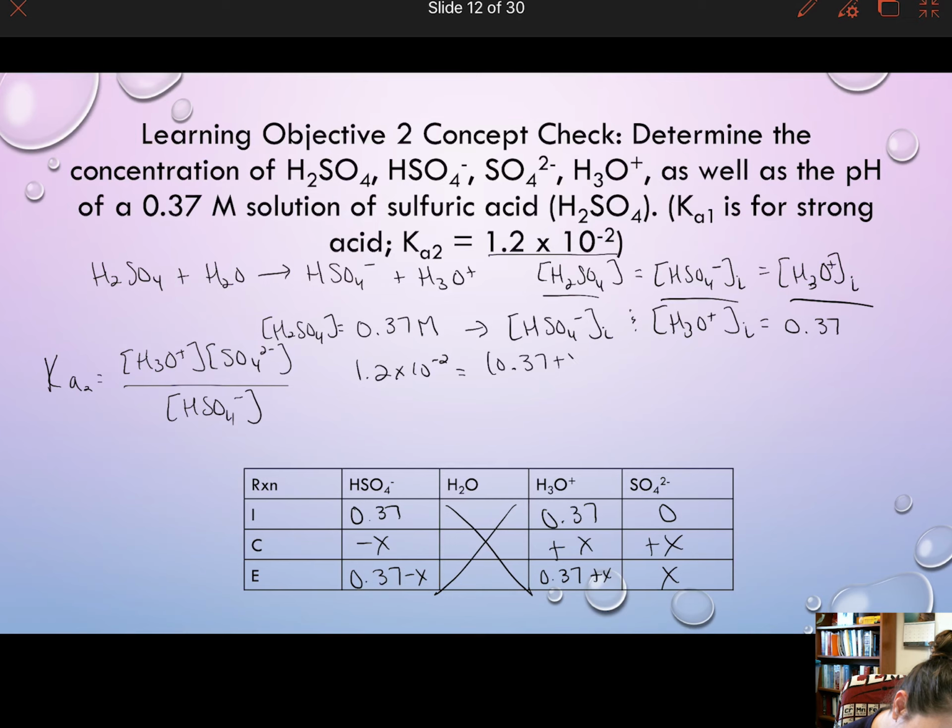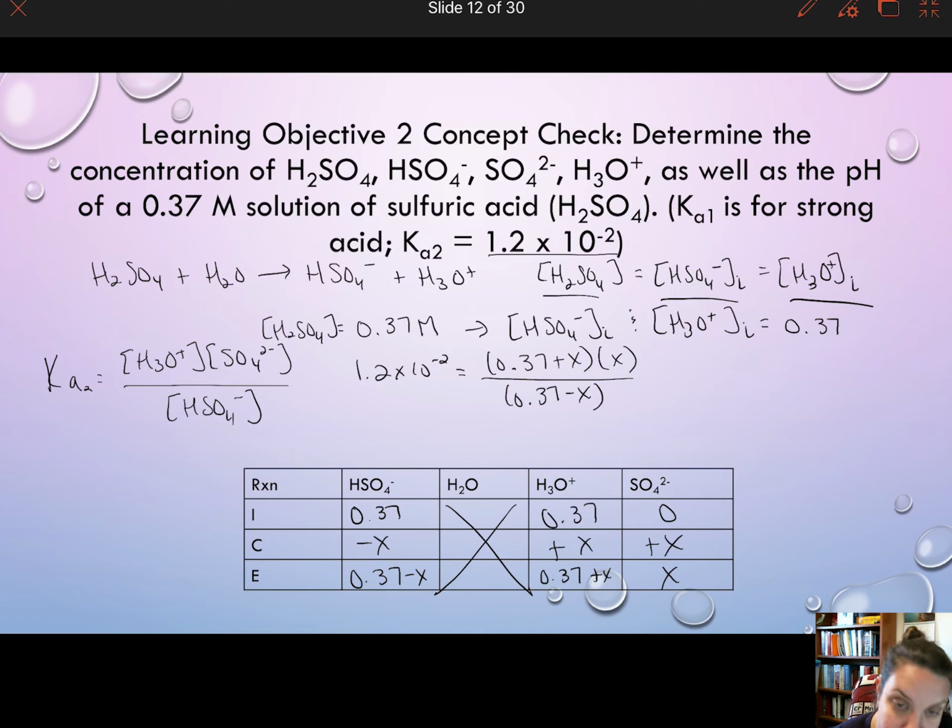0.37 plus x, x over 0.37 minus x. We have a fairly large value, so we will not be able to do a small x here. We're going to have to actually solve for this.